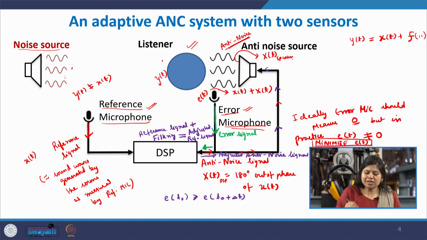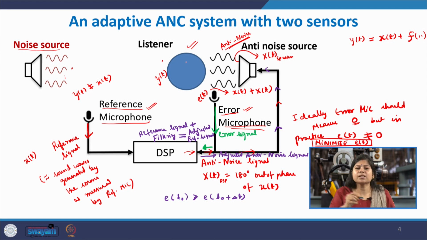Because these are all internal electrical components, they have their own resistance, transfer functions and frequency responses. If you are using very long cables, or poor quality cables, speakers or amplifiers, then what exactly the processor generates as the anti-noise signal X(t) at the DSP could be distorted while the signal passes through the various cables, amplifiers and speakers.